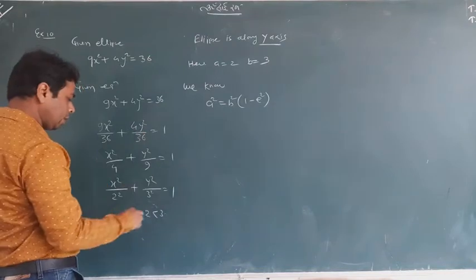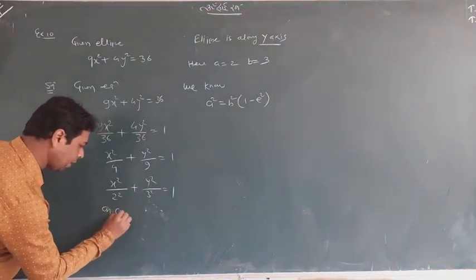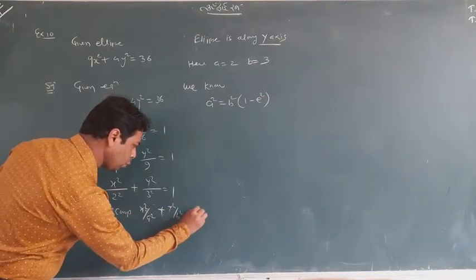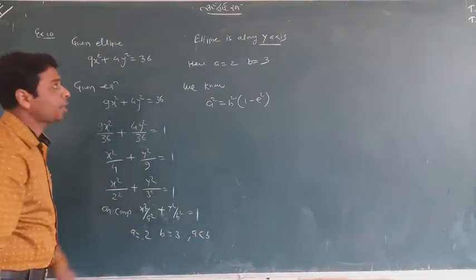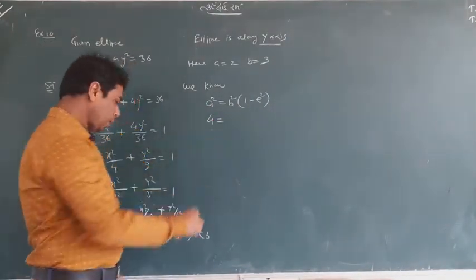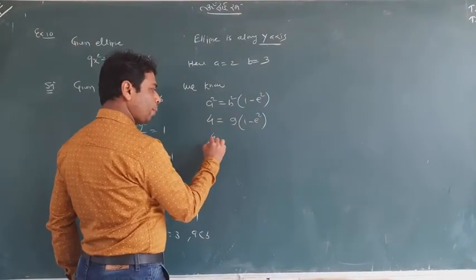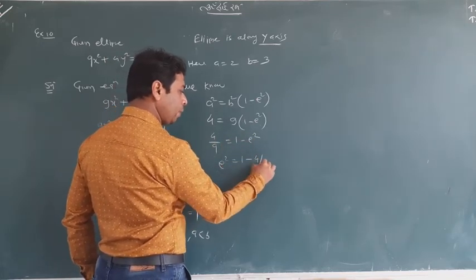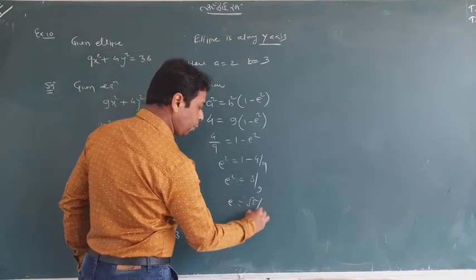On comparing with x square upon a square plus y square upon b square equal to 1, a equal to 2, b equal to 3, a less than b. So a square equal to 4, b square equal to 9, and 4 upon 9 equals 1 minus e square, so e square equals 1 minus 4 by 9, which is 5 by 9, and e equals root 5 upon 3.